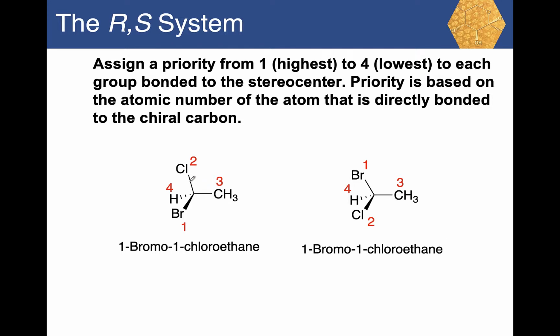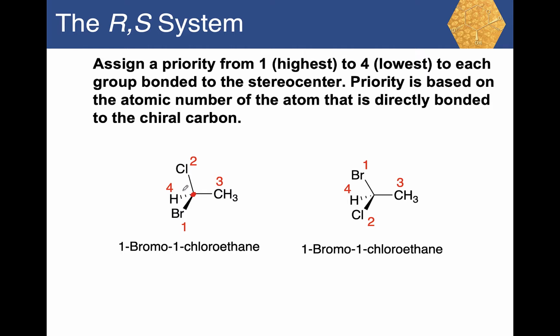So if we have this molecule here, 1-bromo-1-chloroethane, here is the chiral carbon, or the stereogenic carbon. We'll have to look at the four groups that are bonded to it. Here's 1, here's 2, here's 3, and here's a fourth group.